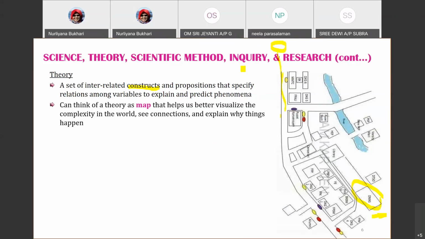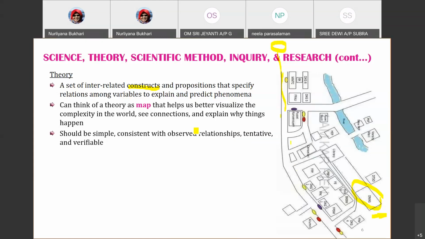Okay, so we talk about theories. Theories are how the constructs we are interested in relate with each other, and usually we visualize it as a map. A map should be simple and consistent with what we observe, and sometimes it is tentative, meaning it can be changed, improved, and of course verified.